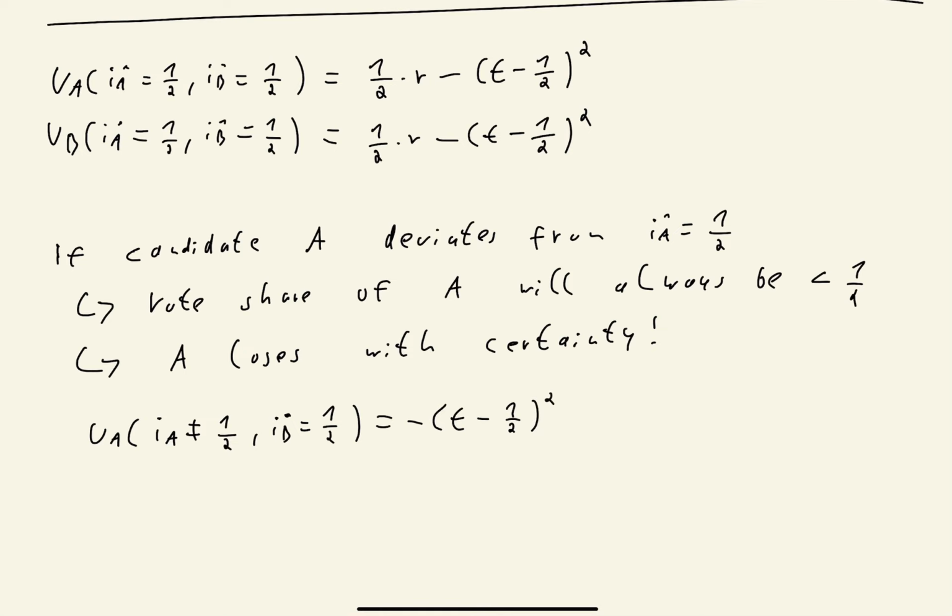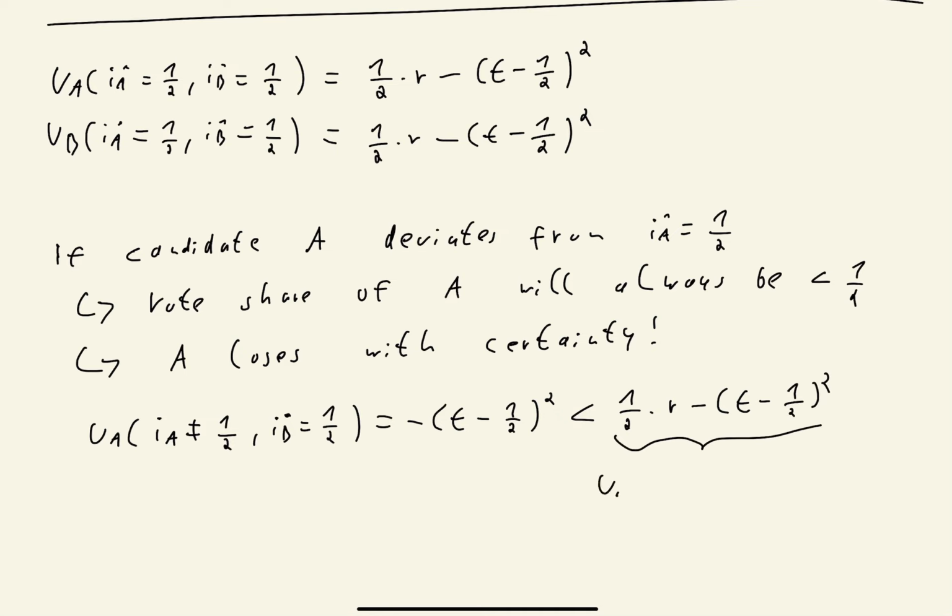Since candidate A can never be in office, with probability 0 he will be in office. He has no utility of being in office, so there is no R here, and as a consequence, this utility is smaller than 1/2 times R minus T minus 1/2 to the power of 2.